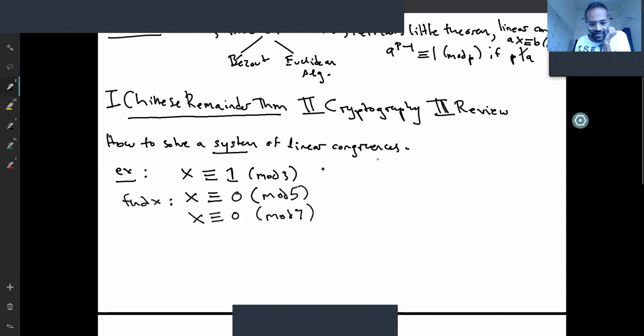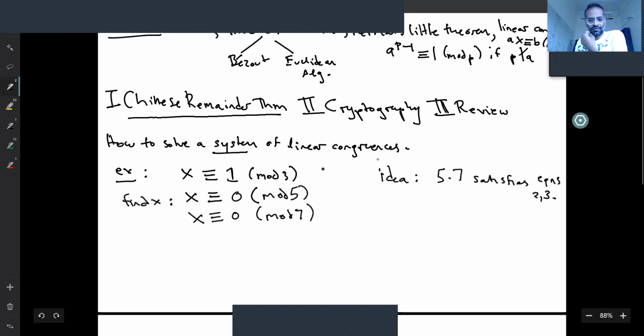So maybe one idea is, well, it's easy to satisfy the second two equations because 5 times 7 satisfies equations 2 and 3, right? But 5 times 7 is not congruent to 1 mod 3, right? This is 35, which is actually congruent to 2 mod 3.